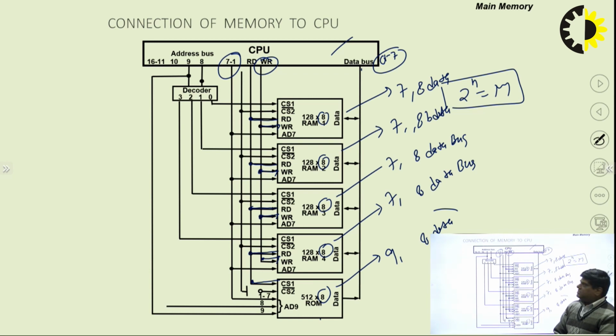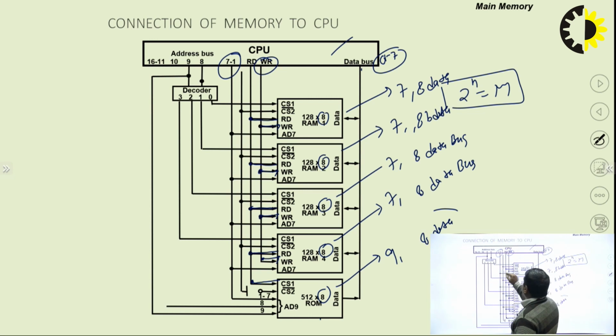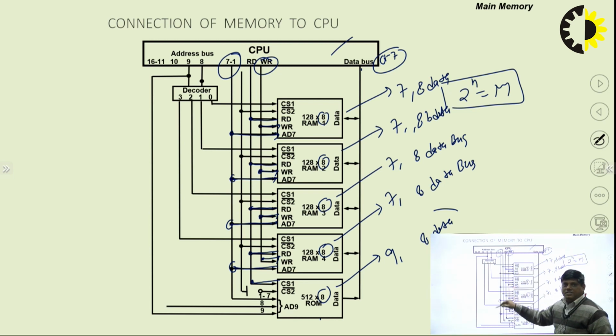Total 7 address lines. The 7 address lines connect to RAM chip 1, similarly RAM chip 2, RAM chip 3, and RAM chip 4. And these 7 address lines are also connected to the ROM chip. Okay, I think there is no doubt till now.